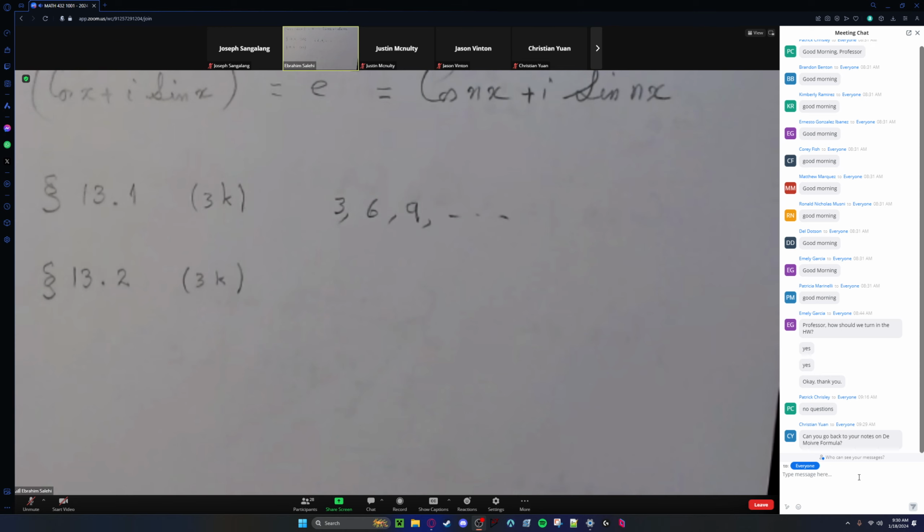De Moivre formula, sure. Christian is asking, going back to De Moivre. We will go there. But for the time being, here's what I recommend to my students. If you take notes in the class, that's perfectly fine. After the class, you go through your notes and just refresh your memory of what was done in the classroom. But that's not enough.